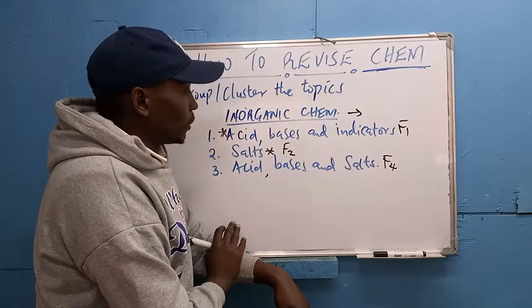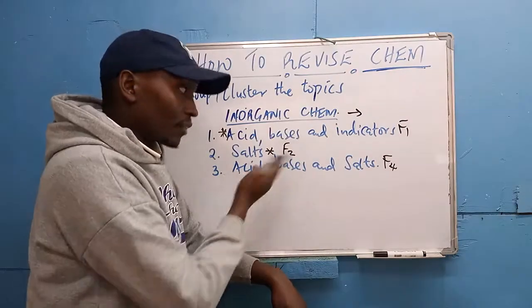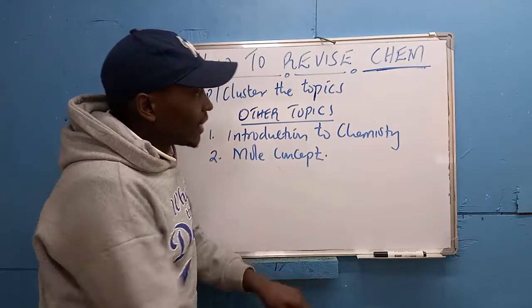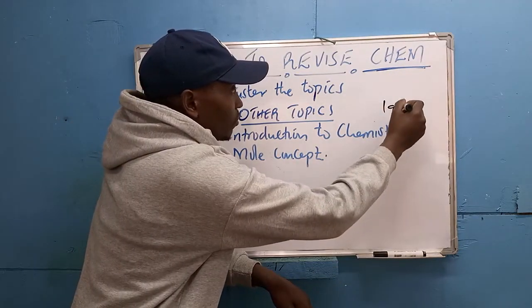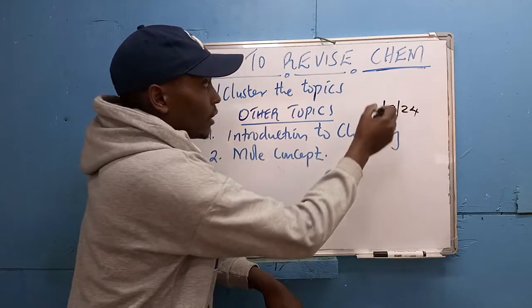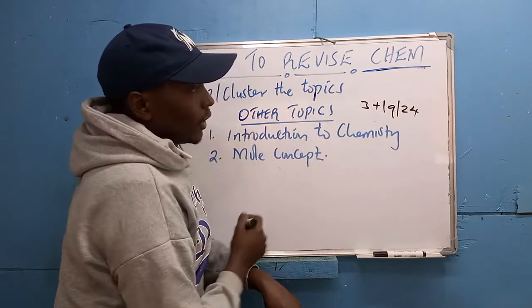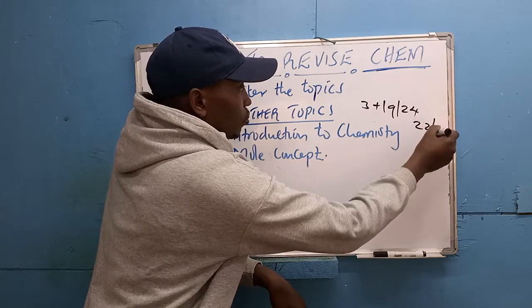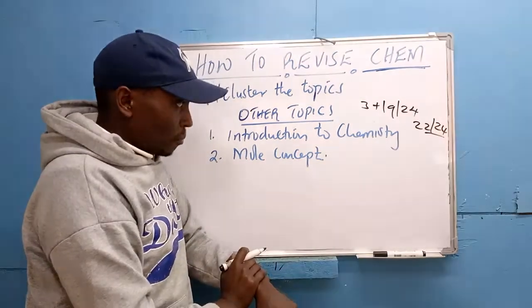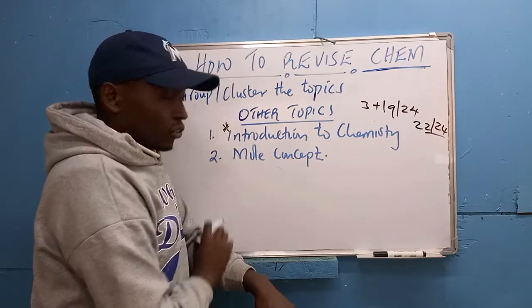Another very good cluster of topics a student can revise together. So far we've done 19 out of 24. Actually there were 19, and previously we have done 3. So with that we are at 22 out of 24, and that leaves us with 2 topics, the introduction to chemistry.